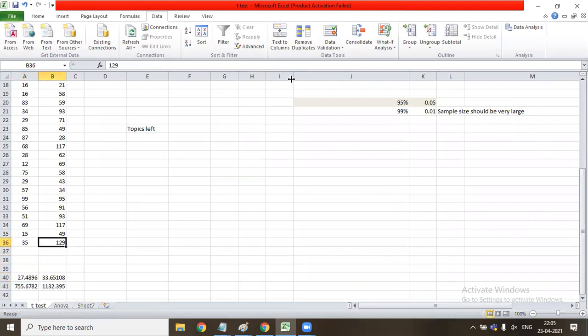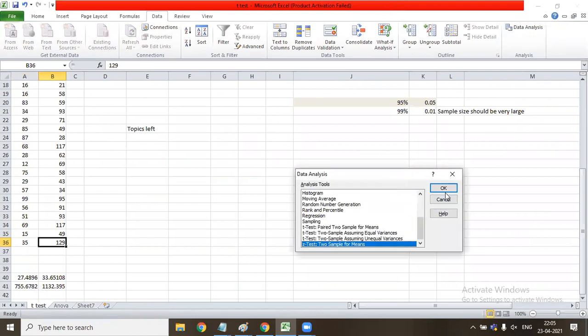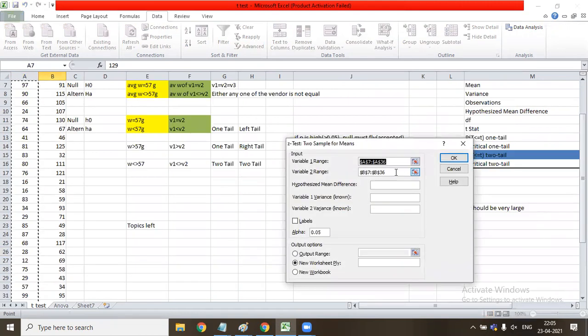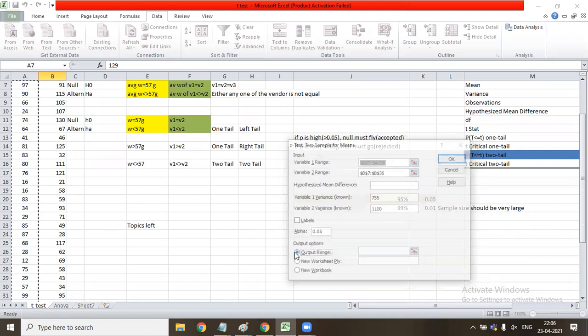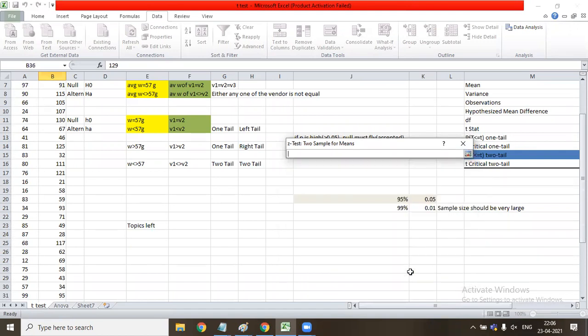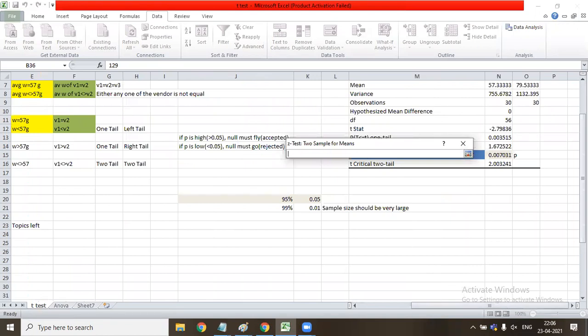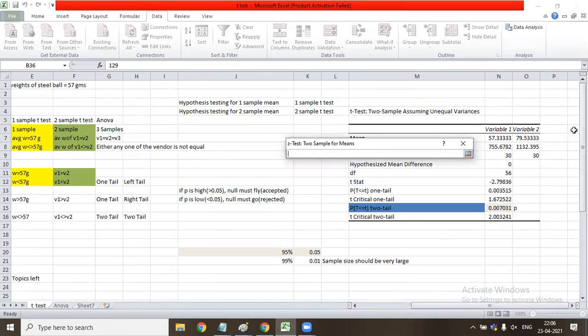Here I'll say data analysis Z. I'll say variance is 755 and it is coming to somewhere around 1100. Okay, and I want the output to be displayed here.